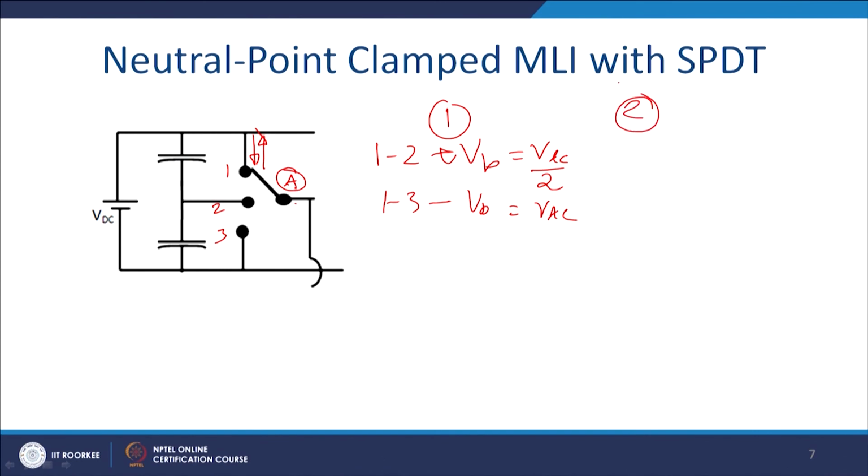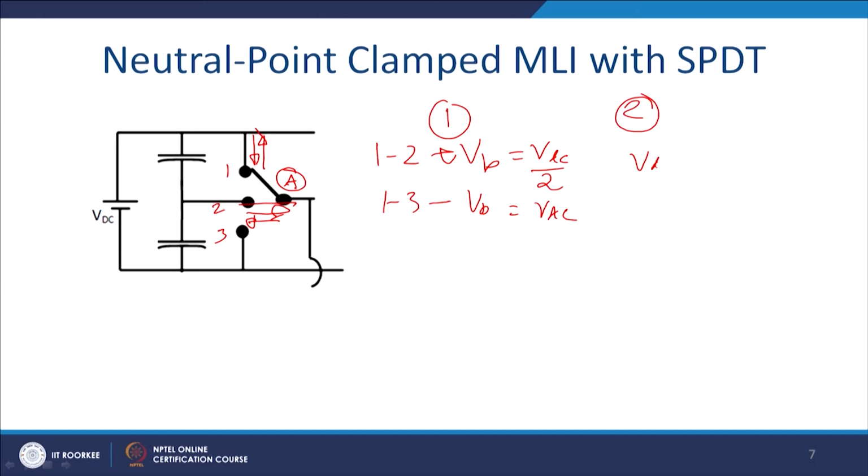So, how do you realize it? And when this is position 1, what about position 2? When you place the switch here, again it should have bidirectional current carrying capability between point 2 and A, so we require a switch that allows current to flow in both directions. Again it can block the voltage of VDC by 2 between points 2 and 1.